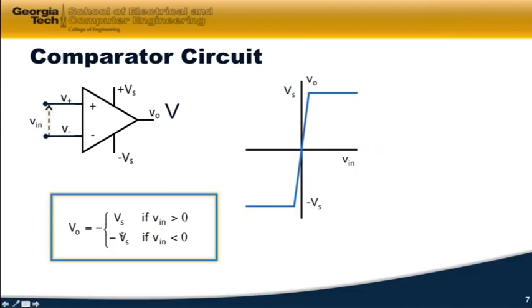So in other words, if Vn is greater than 0, in other words, V plus is greater than V minus, we have a value of Vs. If V plus is less than V minus, we have a value of minus Vs. So that gives us an indication whether we're looking at a difference really between these two voltages. If V plus is greater than V minus, we've got a positive value out of our comparator. And if V plus is less than V minus, we've got a negative value. So it's an indicator which of these is larger than the other.